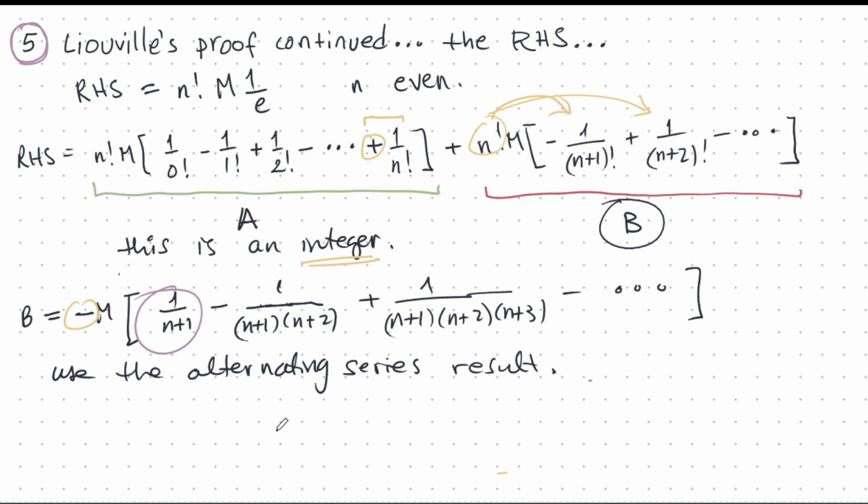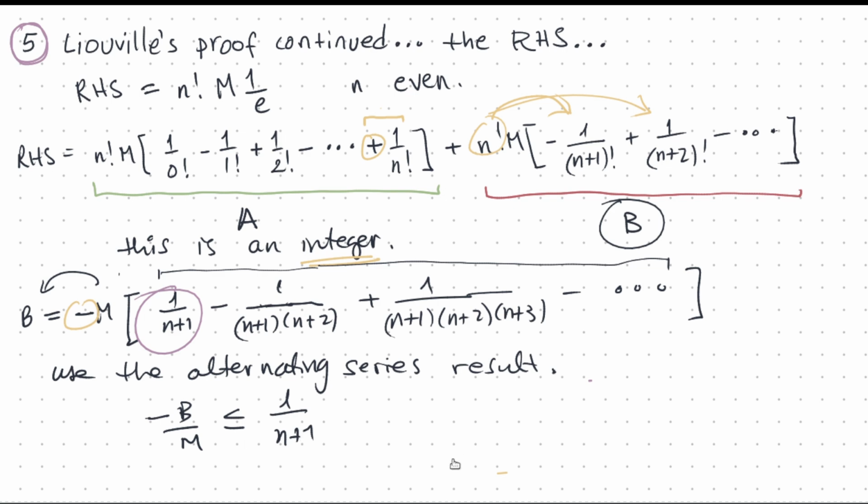So okay, yeah. Let's give this series inside these brackets a name, and we can call that minus b over m, because that's what it is. I just take this minus m and bring it to the other side. Okay, so minus b over m, we know that this is bounded from above by 1 over n plus 1.